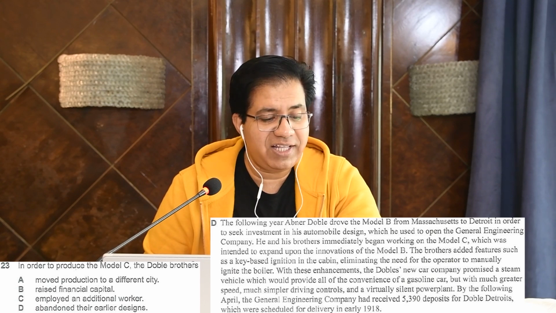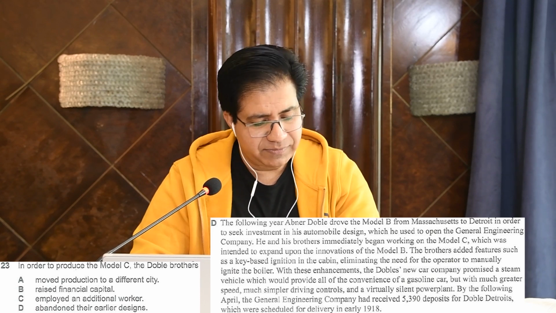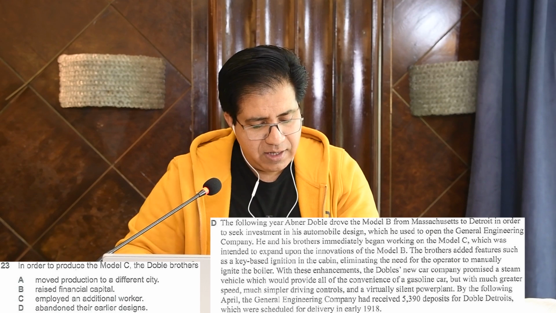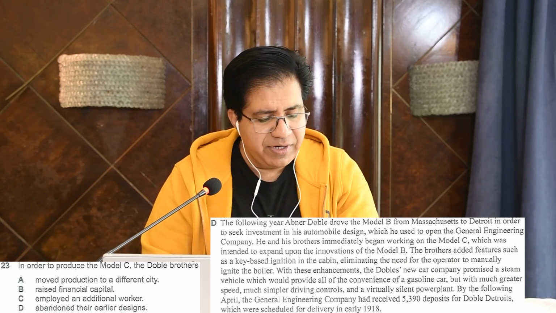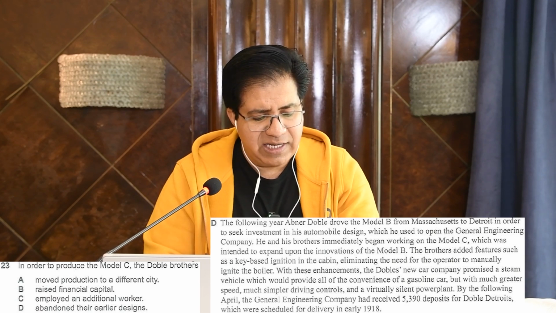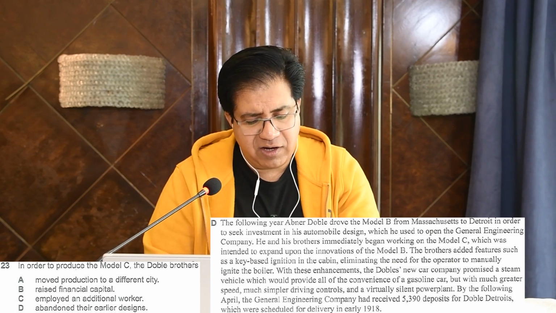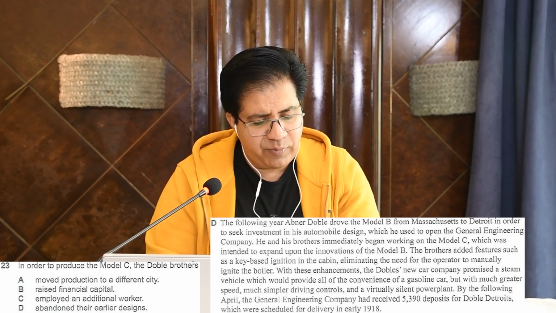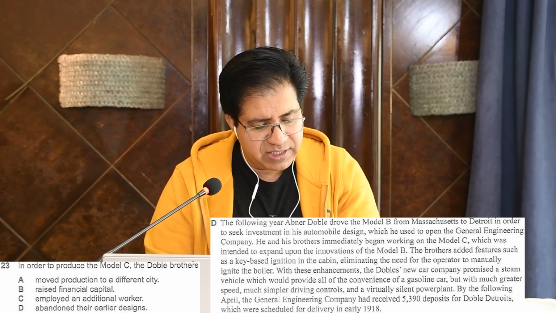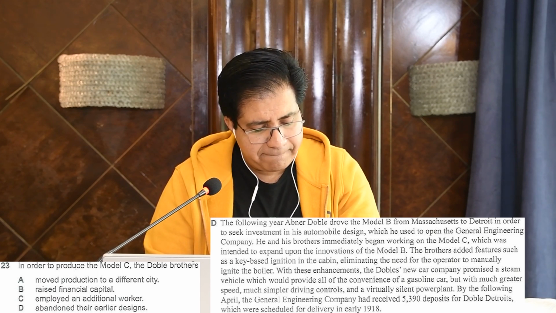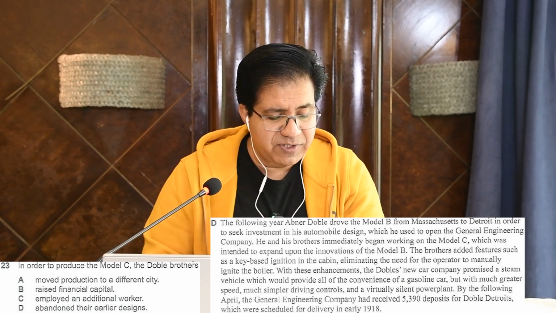Raised financial capital. Please come back. Raised financial capital. Paragraph D. I'm reading it from the third line. He and his brothers immediately began working on Model C, which was intended to expand upon the innovations of the Model B. The brothers added features such as... the answer is in the second line.